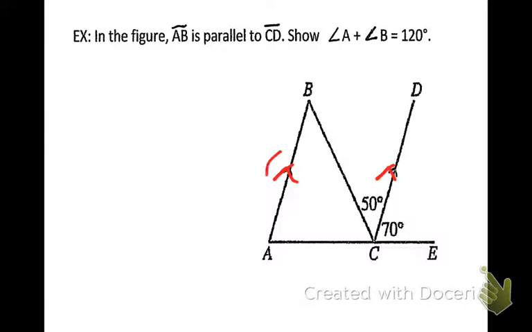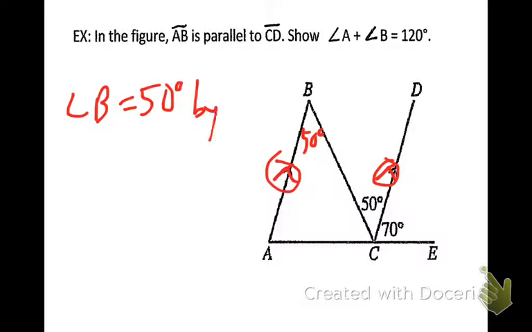Okay, the key is these lines are parallel. If this is parallel, what can I say? What other angle is angle 50? Bryant? Yeah, angle B by AIA, right? That'd be 50. So angle B equals 50 by AIA.